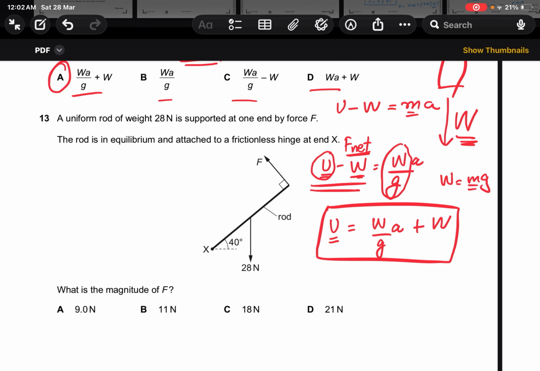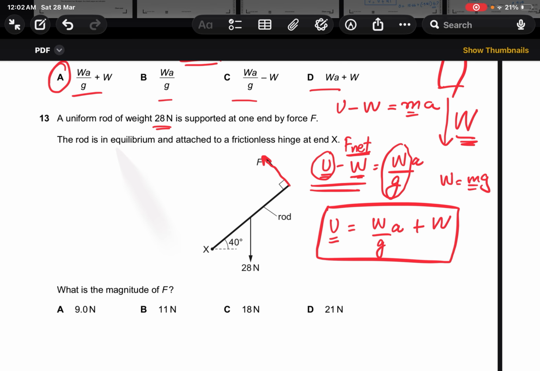Good हो क्या? A uniform rod of weight 28 newton is supported at one end by force F. Okay, so the rod is supported on one end by force F like this.